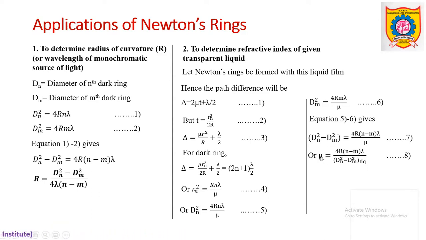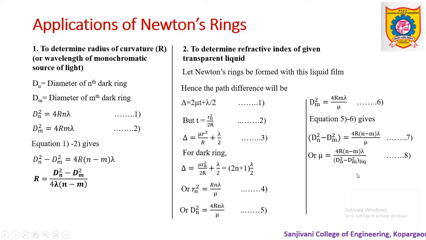Using equation 8, we can easily determine the refractive index of the given transparent liquid by knowing these several things. We should know capital R, we should know lambda, and we should find out the diameters of the nth and mth dark rings. Now it has one more alternative. We can perform the experiment in 2 steps. Suppose the experiment is performed for a liquid film, and that will give us equation number 8.